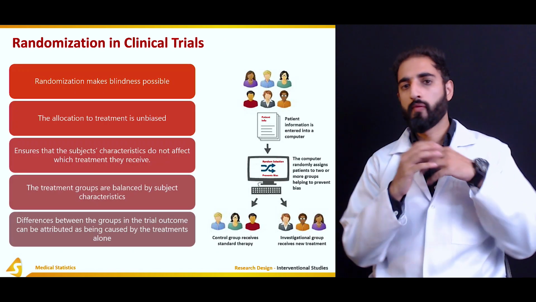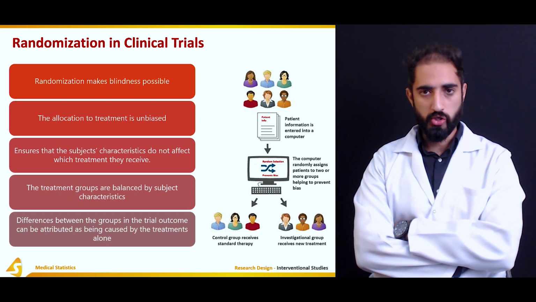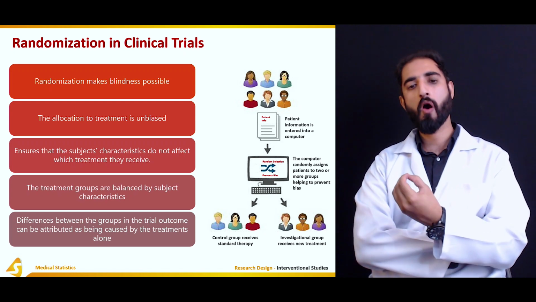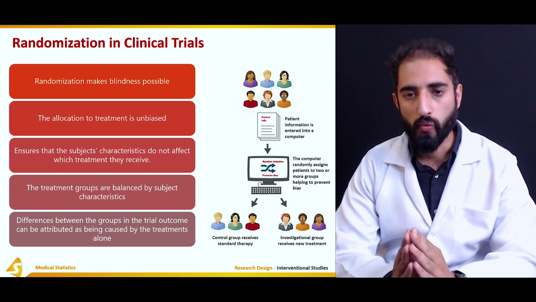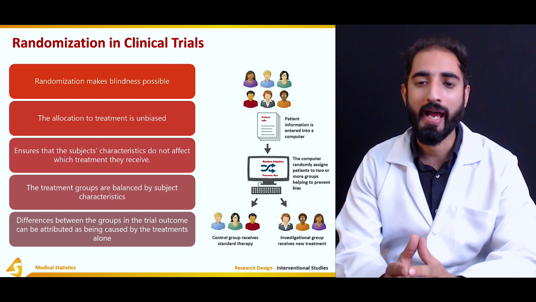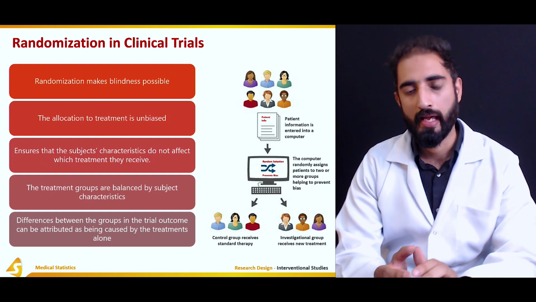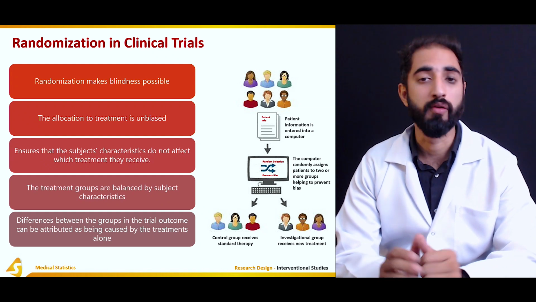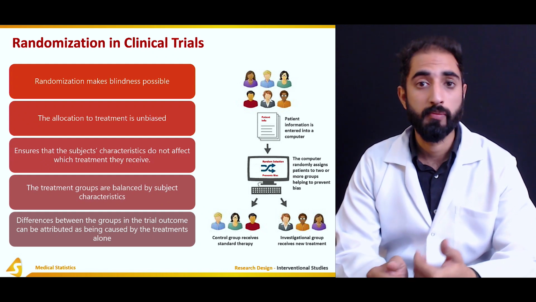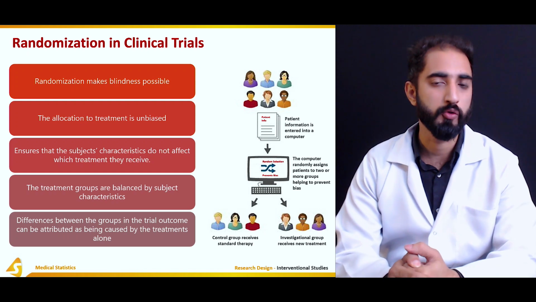So we said that there should be a random allocation, but how is this randomization carried out and what is randomization? Randomization makes blindness possible, because if I randomly allocate participants to two groups, I have no idea which participant is going to go in which group, so I am blinded.